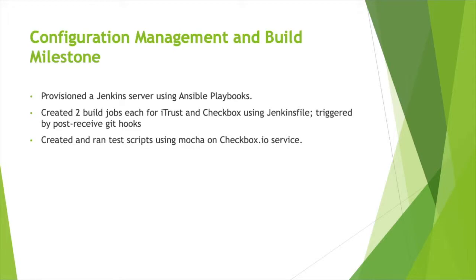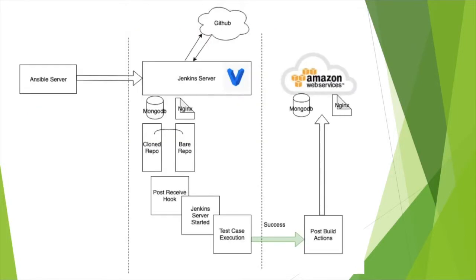We install certain Git hooks to be triggered when there is a change inside the repository. In case of Checkbox, we've used certain test scripts that are run via Mocha, and these results are used to detect if the build has to be successful or failed.